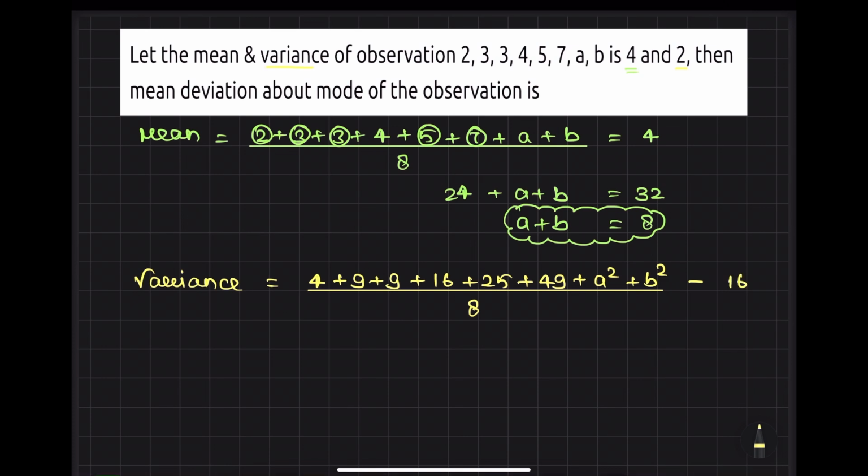Okay, now you guys can simplify things, and they are saying that variance is 2. Okay, so 2 this side, 16 will come this side, so it will become 18.